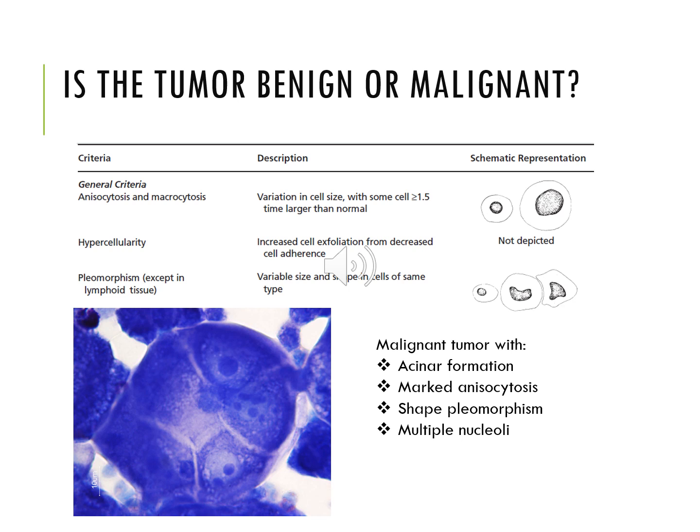Some general criteria that we use: we look at anisocytosis, the difference in cell size between the population. So if the cells are markedly different in size, you have one that's pretty small and the one next to it is really large, then that is said to have marked anisocytosis.